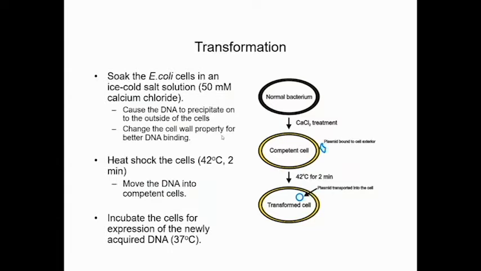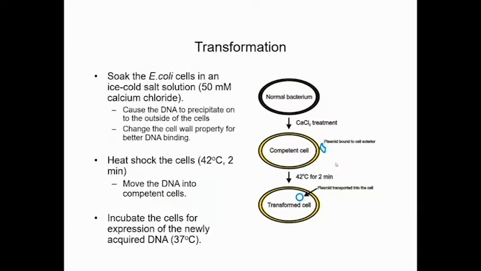Induced competence. Basically, you soak the DNA and cells in ice-cold 50 millimolar calcium chloride solution, which changes the cell wall property so that the DNA precipitates better outside the cell wall.